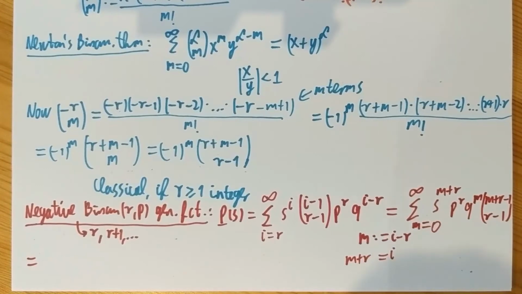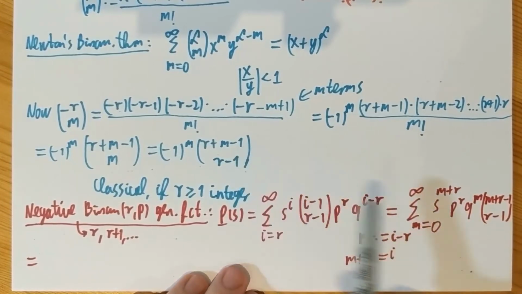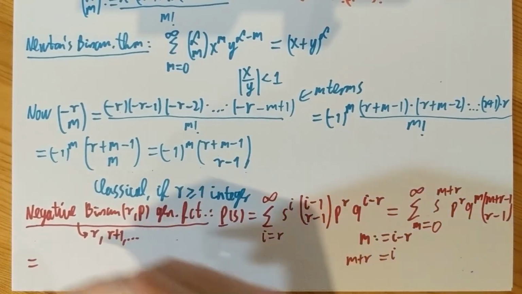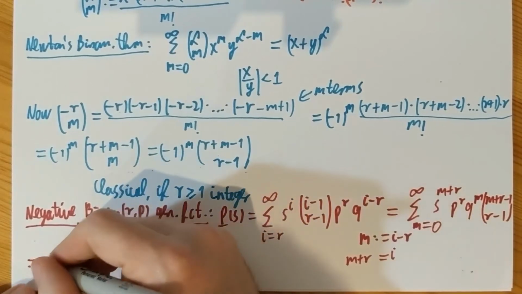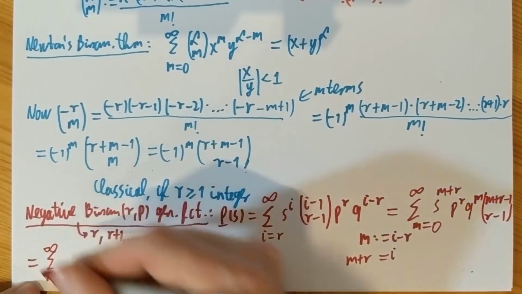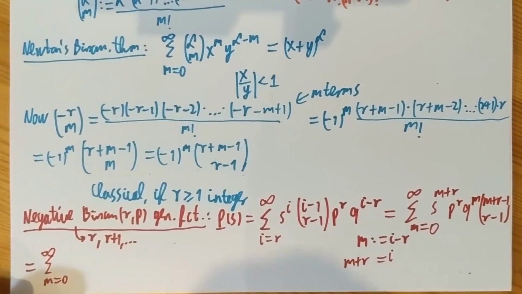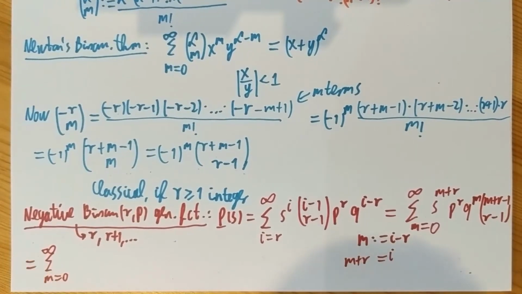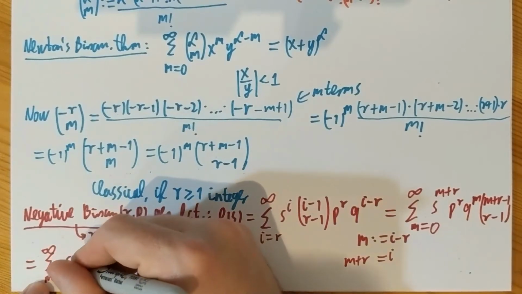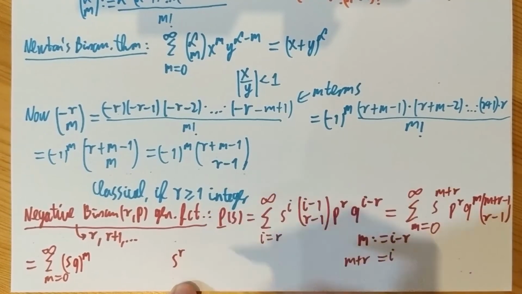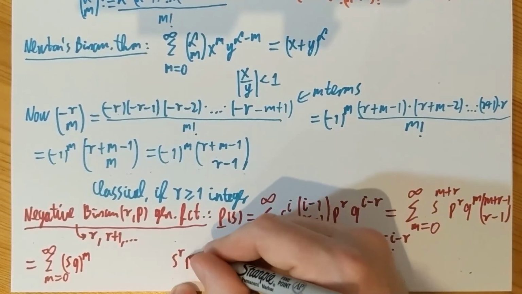And now you start making a connection here, I suppose. m plus r minus 1 choose r minus 1 is exactly what I have there. So actually this will become the sum from 0 to infinity of s to the m plus r. Now, I don't really need the s to the r inside, so I'm just going to write s to the m and q to the m, and put the s to the r and the p to the r at the end of it.